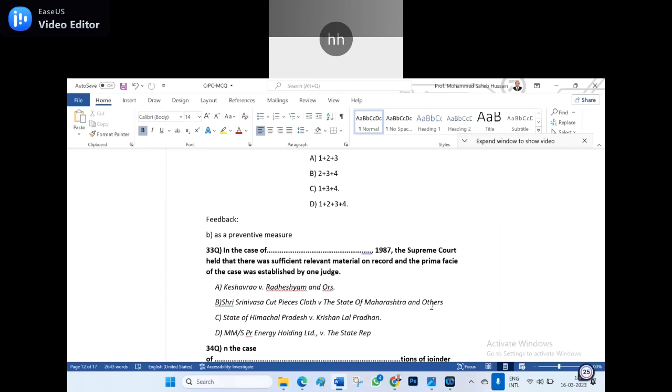D, Vargulius Pre-Energy Holding Limited versus the state representative. Among ABCD, in which case law was it decided? Sir, I think C, State of Himachal Pradesh versus Krishna Lal. Yes, you are right. State of Himachal Pradesh versus Krishnalal Pradhan. In that case law the judgment is given.